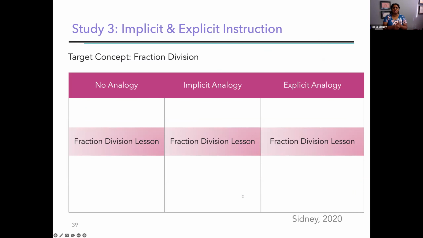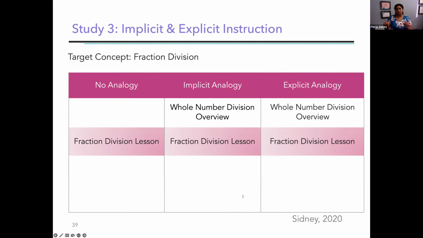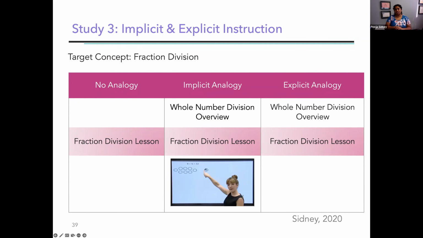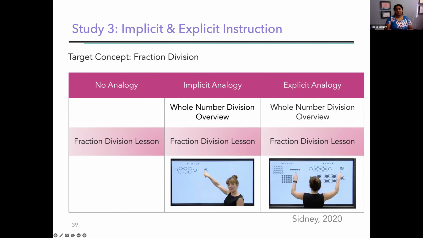Okay, so to summarize, kids in all three conditions got a short lesson on fraction division. In the analogy conditions, they did whole number divisions first. In the implicit analogy condition, when they introduced fraction division, there were no whole number division problems present. In the explicit analogy condition, we implemented all of those explicit supports for analogy that have been recommended by Richland and colleagues.